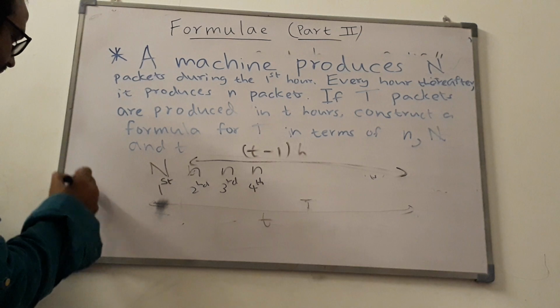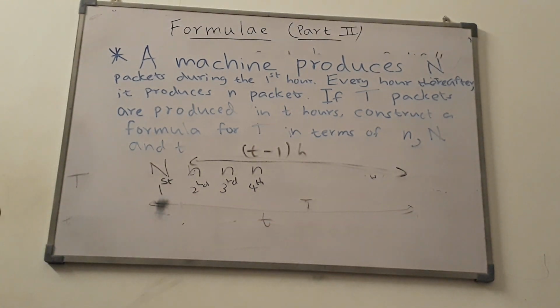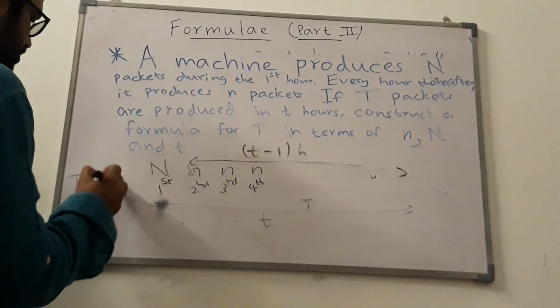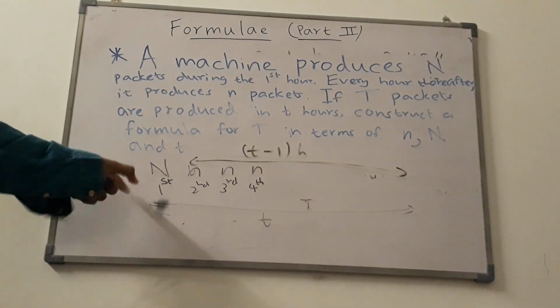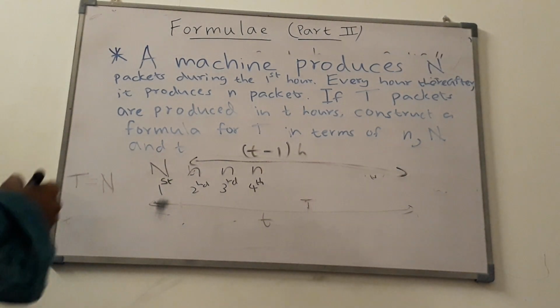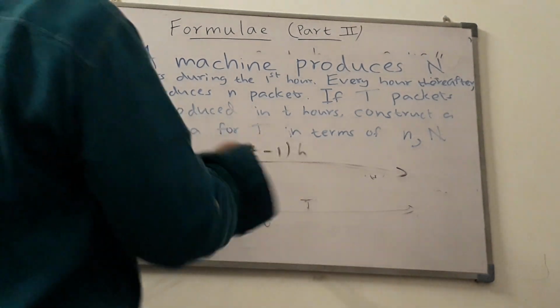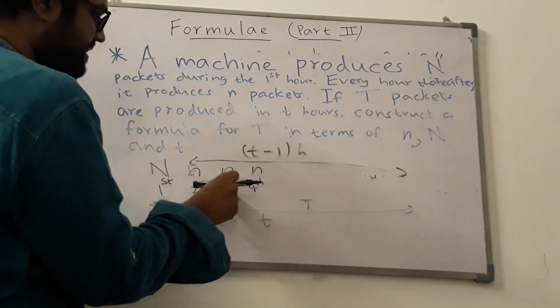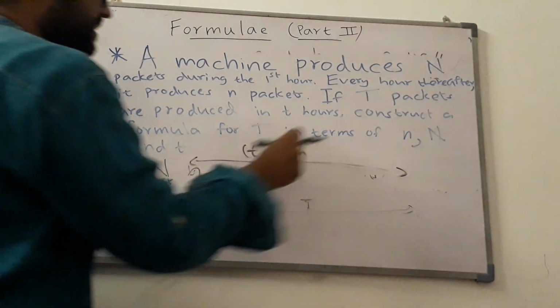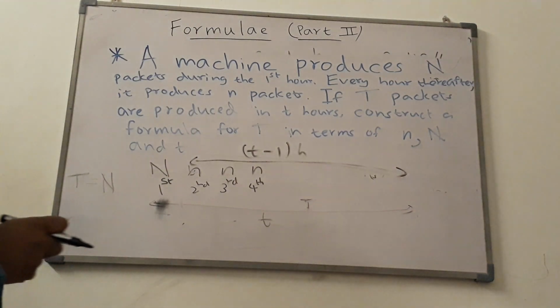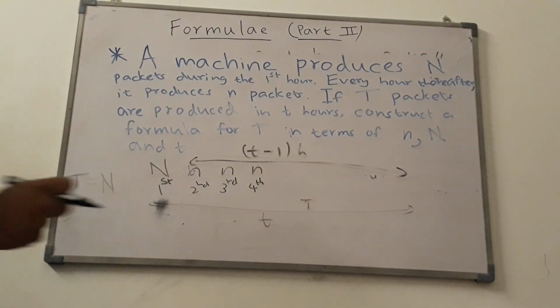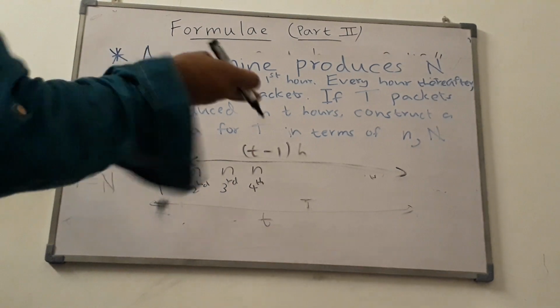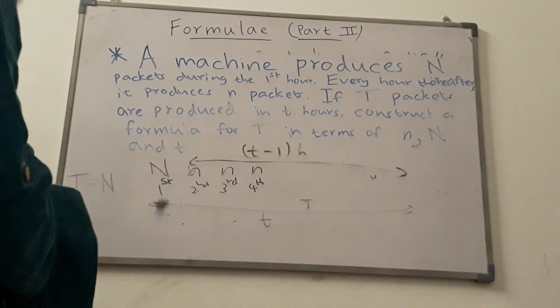Capital T packets within t hours equals capital N in the first hour, thereafter n packets each hour up to the t hour.